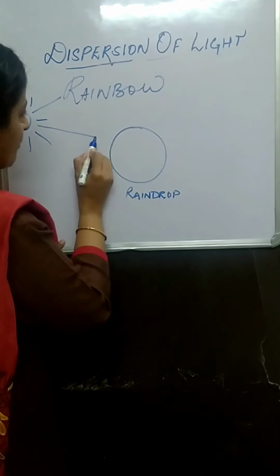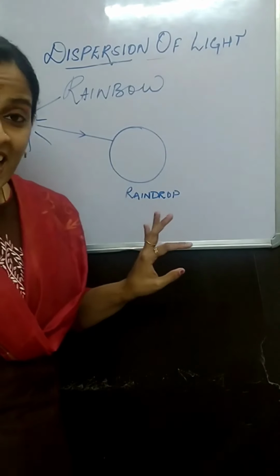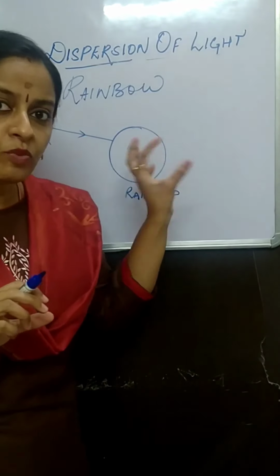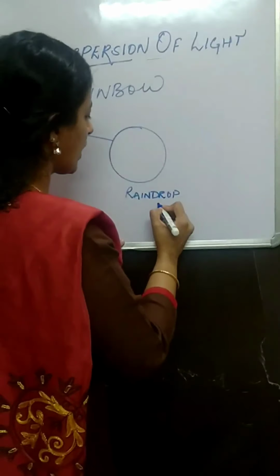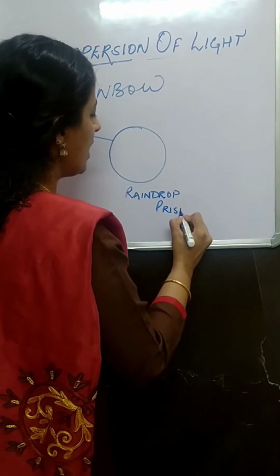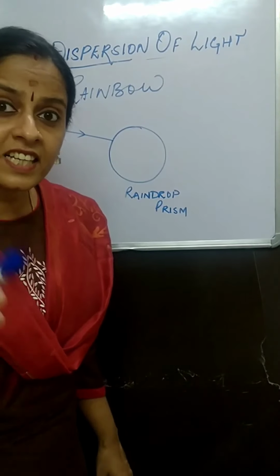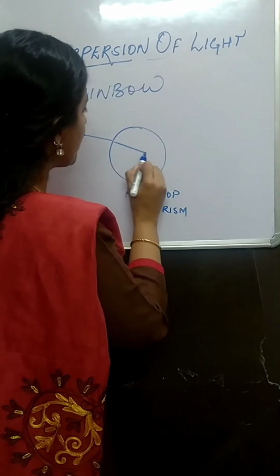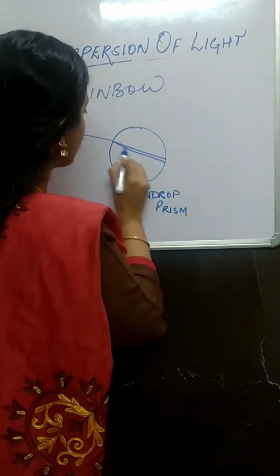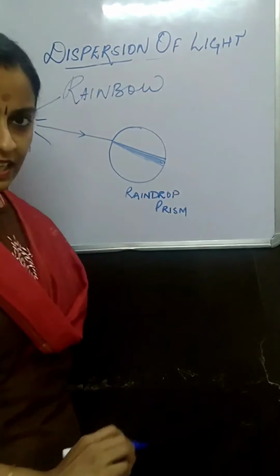The raindrop will act like a prism, like we saw in the prism. Inside the raindrop, the light gets dispersed. The light should travel this way, but it will get dispersed into 7 colors, dispersed into component colors. So, that I'll have shown.